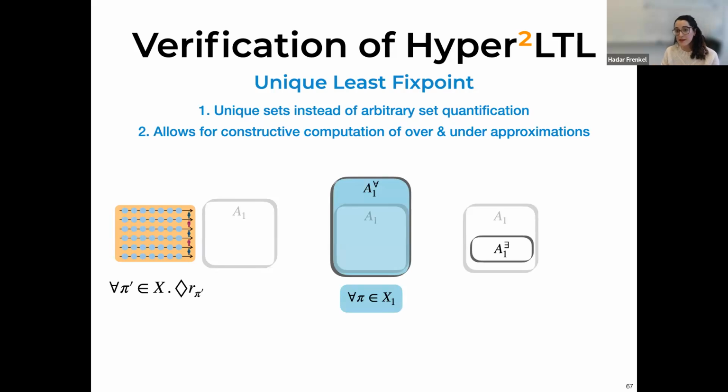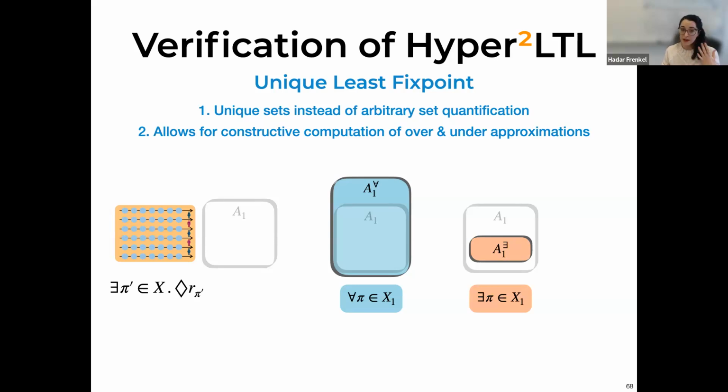And the reason is that if I'm able to prove that something holds for every trace in the bigger set, then it for sure also holds for every trace in the smaller set. And similarly, if my formula states there exists a trace in my set, then I'm going to use the automaton for the under-approximation, because if there exists a trace in the smaller set, then obviously there exists a trace in the larger set as well.